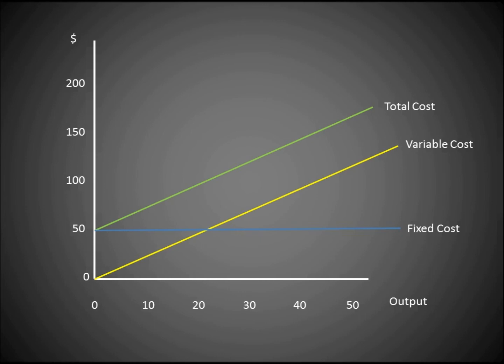And then if I add the $50 of fixed costs to that, I will get my total costs, which are up here, maybe 175. So that's how these three things work together, and that's short term. We know short-term costs. You'll know it when you see it because total costs equal fixed costs plus variable costs.